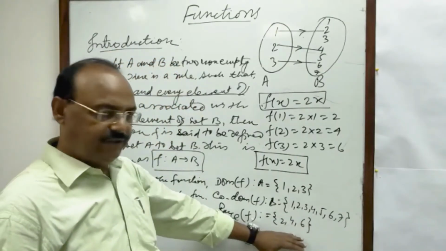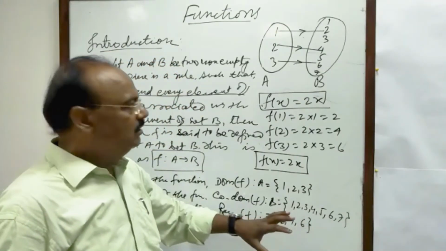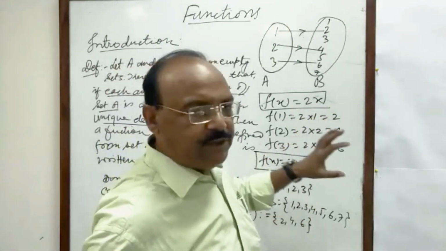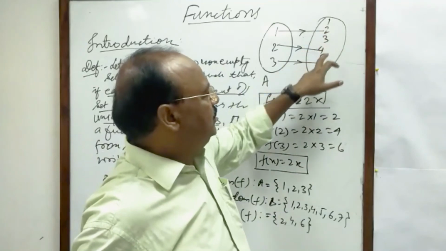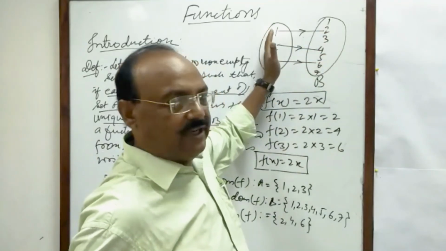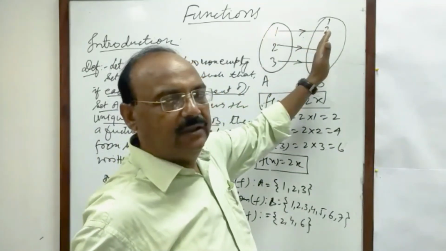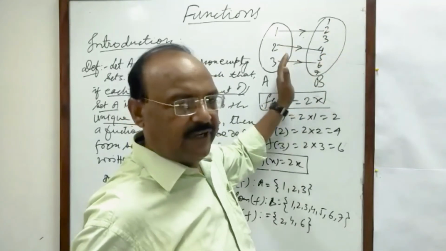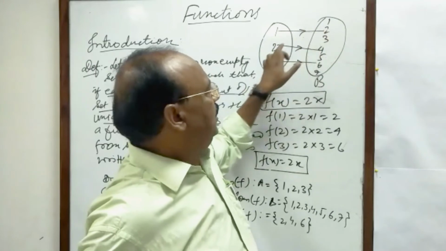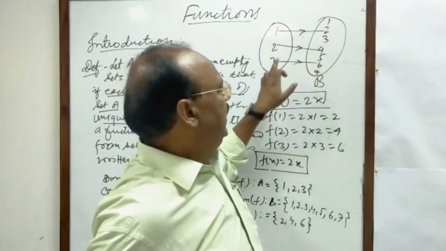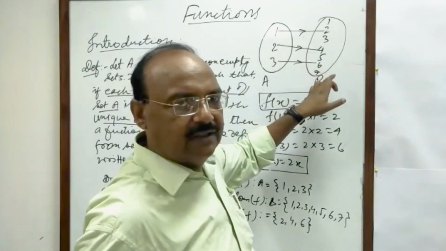This is range. And what is the image of a function? Image of an element. Here these elements which are associated with elements of set A are known as images of the corresponding elements of set A. It means image of 1 is 2, image of 2 is 4 and image of 3 is 6.